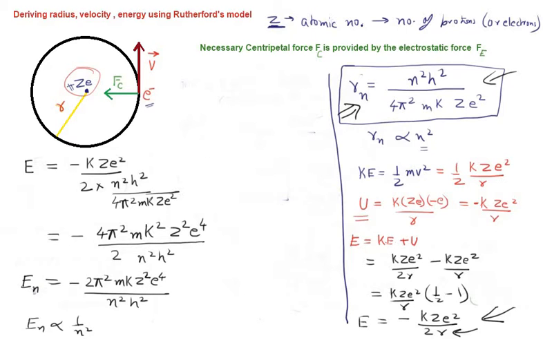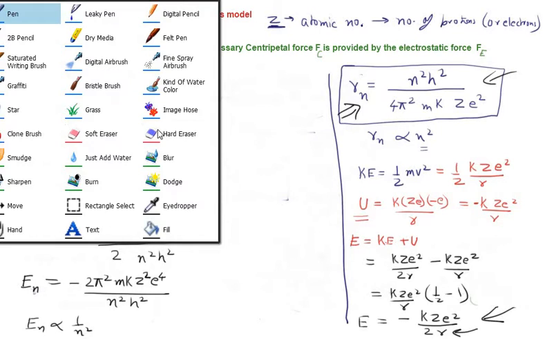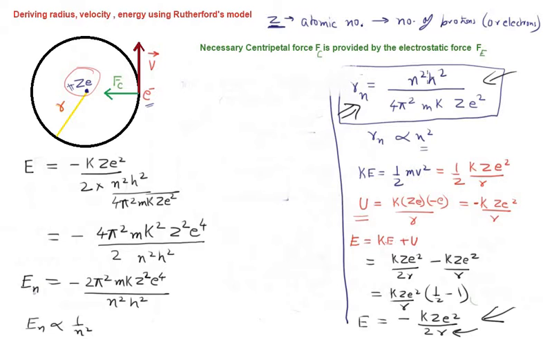Now here comes a very important part. We know that the value of n will decide the value of energy. So n is basically the principal quantum number. So let us discuss this in detail now.